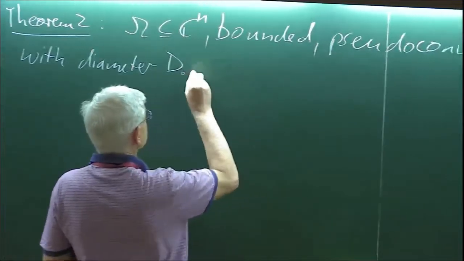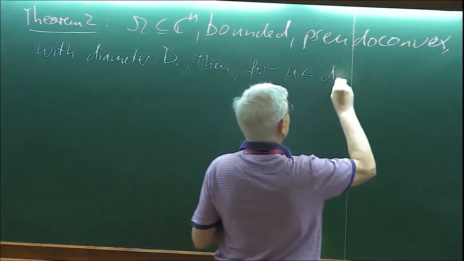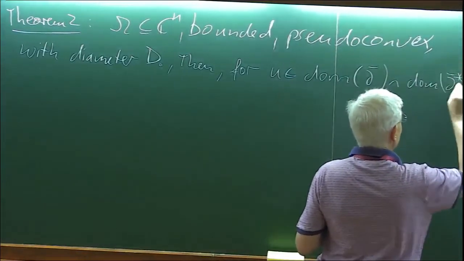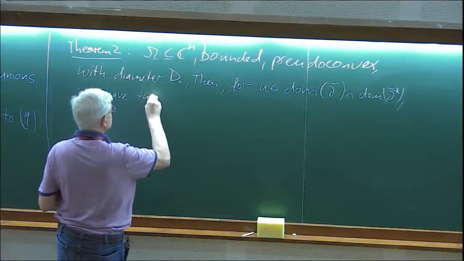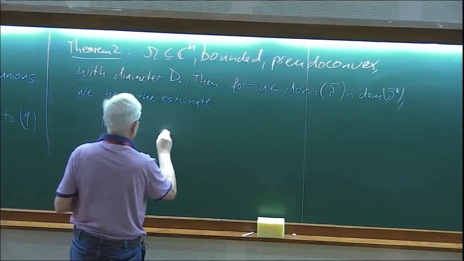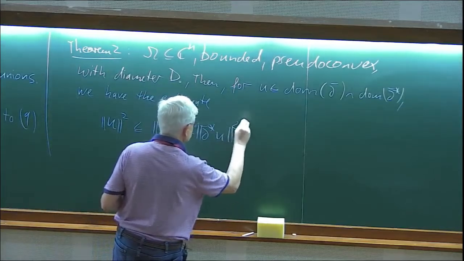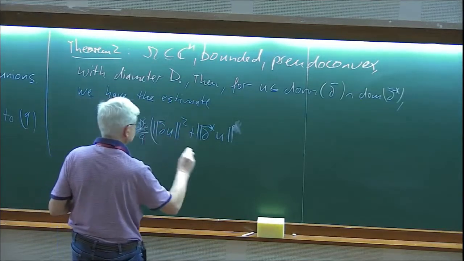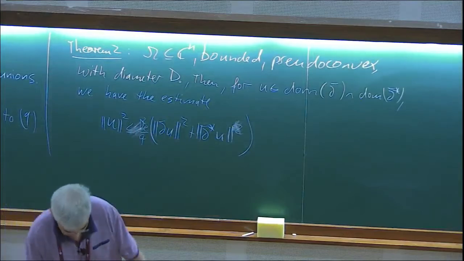Then for u in the domain of d bar intersect domain of d bar star, we have the estimate: the norm of u squared is less than or equal to d squared e over q times the norm of d bar u squared. Okay.